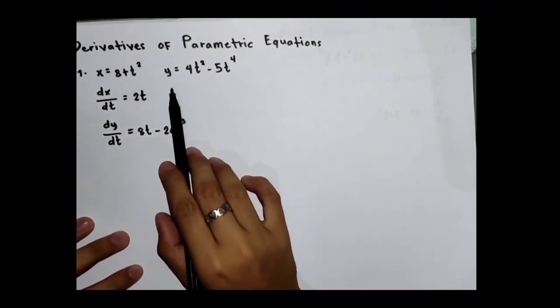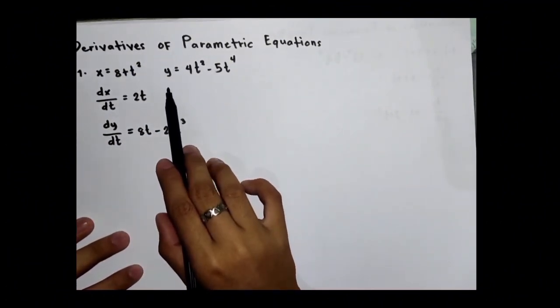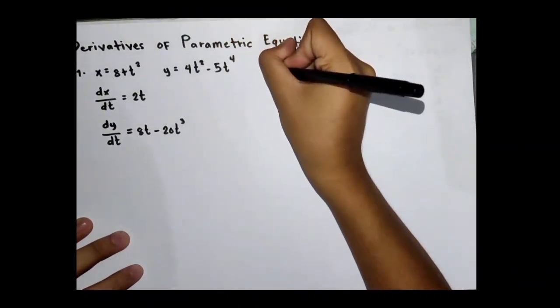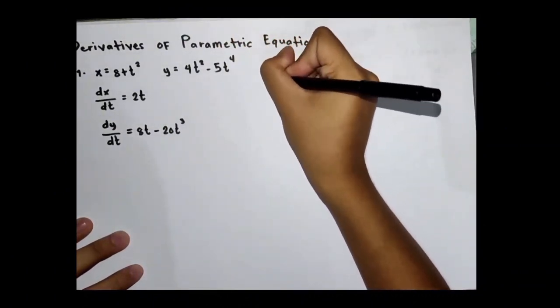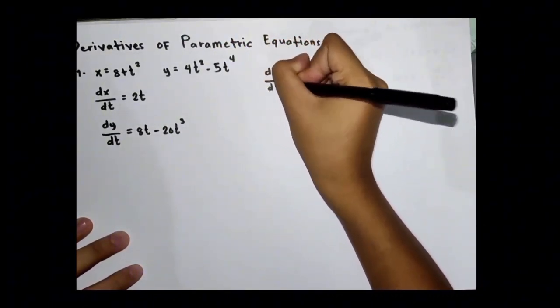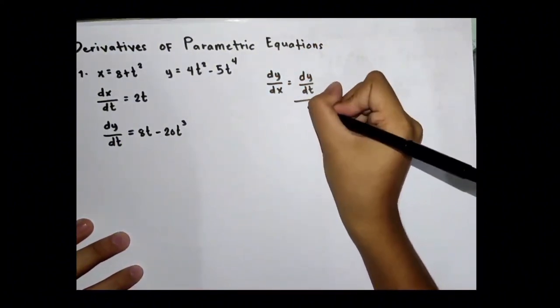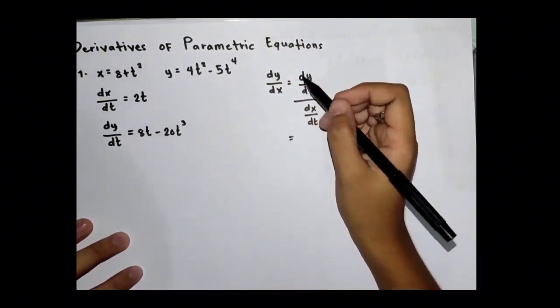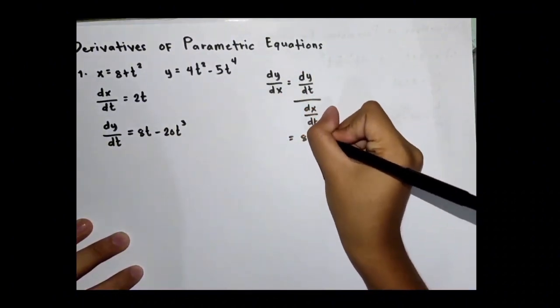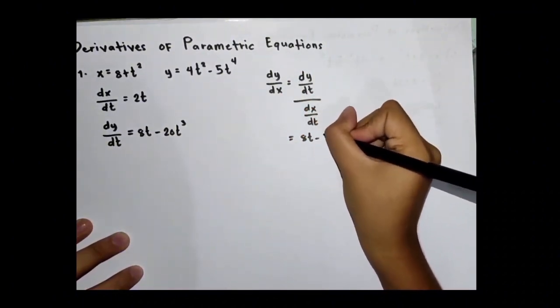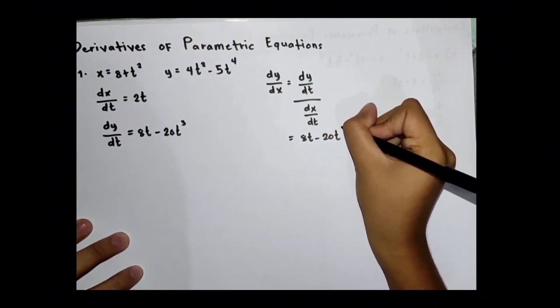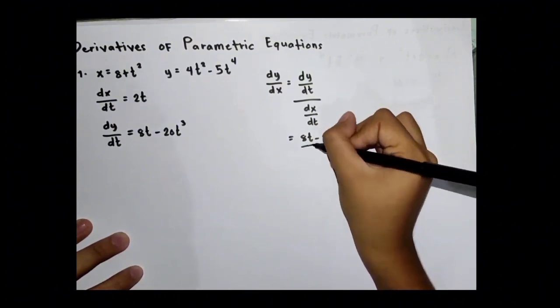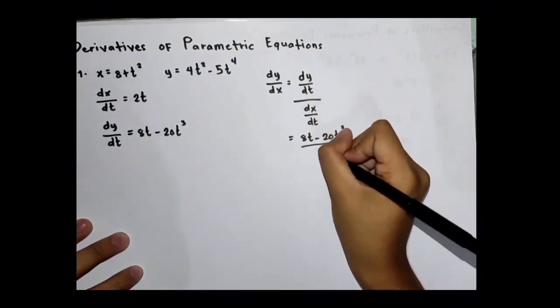Now that we already found the derivative of x and y, we apply the formula dy over dx equals dy over dt over dx over dt. Now let's substitute the values. dy over dt equals 8t minus 20t cubed, over dx over dt, which is 2t.